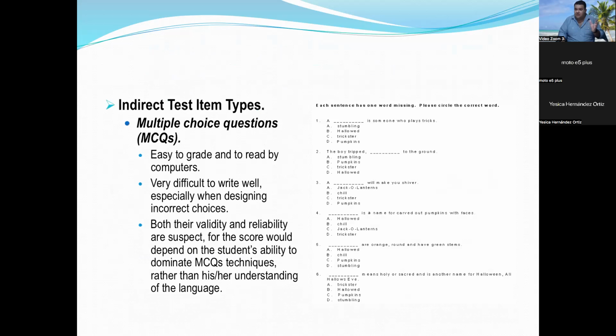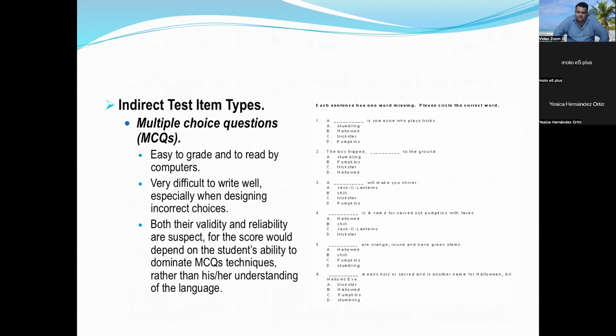But let's talk about some practical examples. Indirect testing items, and this is the most common: MCQs, multiple choice questions. Paola, can you read the characteristics? It's easy to read and to grade by computers. Number 2, very difficult to write well, designing the correct choices.